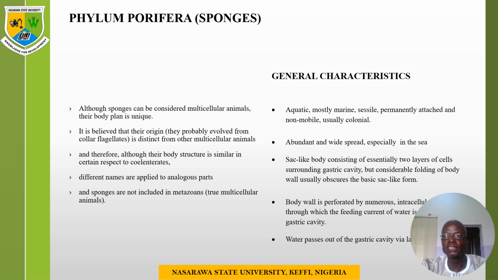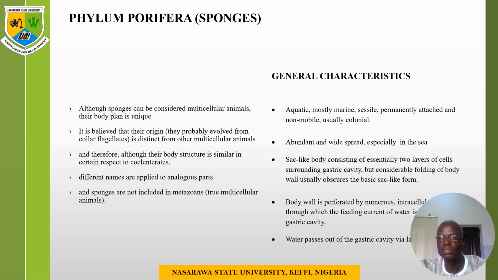They have a sac-like body consisting of essentially two layers of cells surrounding a gastric cavity, but considerable folding of the body will usually obscure the basic sac-like form. The body wall is perforated by numerous pores through which the feeding current of water is taken into the gastric cavity.